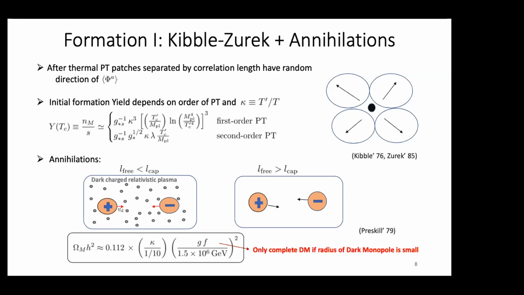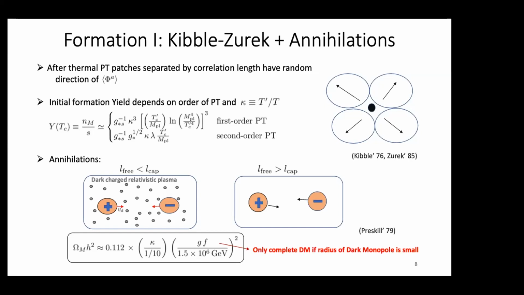It depends basically on two scales: the free streaming scale and the capture scale. Free streaming scale means how far the monopole will move before changing direction, while the capture scale means the distance between monopole and anti-monopole at which they will capture each other and annihilate.